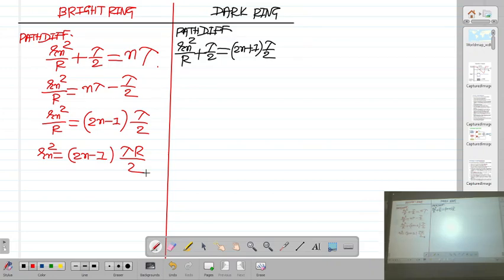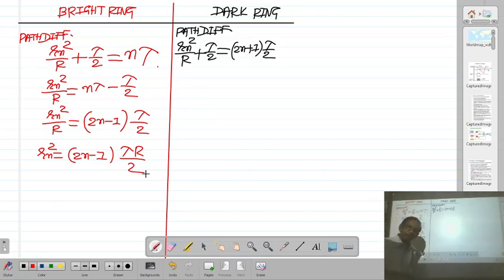So the condition of the bright ring is the points at which the path difference is n lambda.